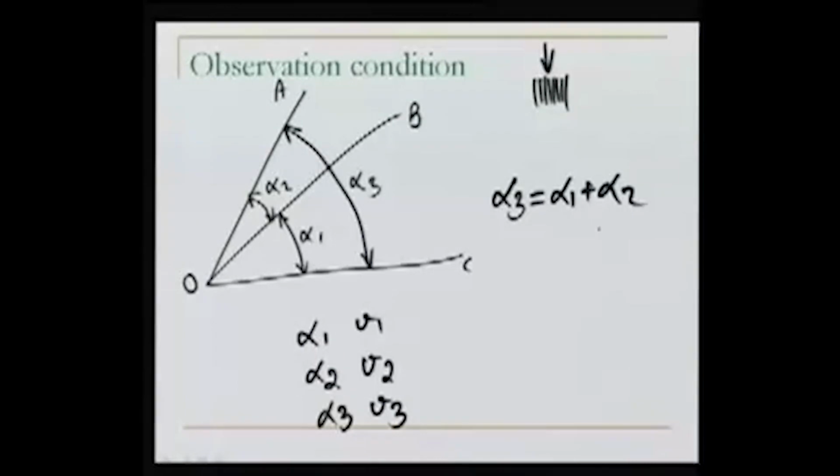Yes, if they are true values, but no, we are not observing the true values. So, no more alpha 3 is equal to alpha 1 plus alpha 2. So, this is the observation condition. So, what we said, our observations should satisfy the geometric condition and the observation conditions.